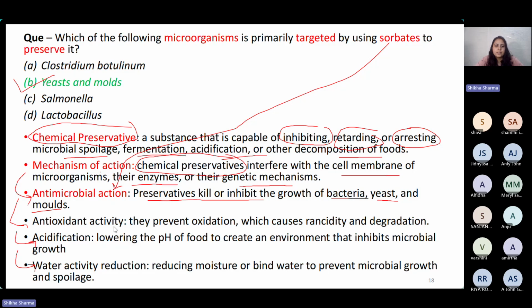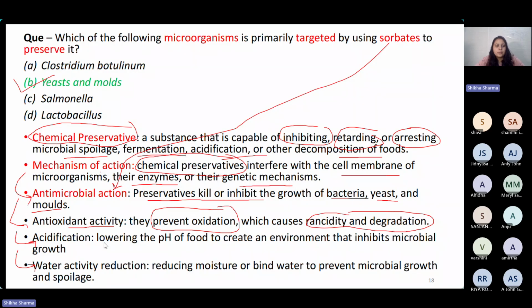Another mechanism is that some preservatives perform antioxidant activity. They prevent oxidation, thereby reducing the rancidity problem and degradation problem with the oxidation process.